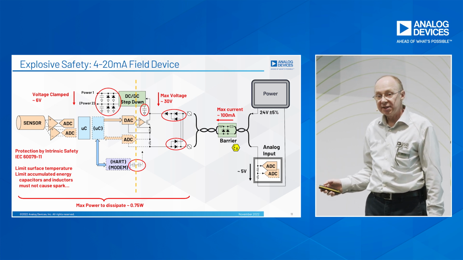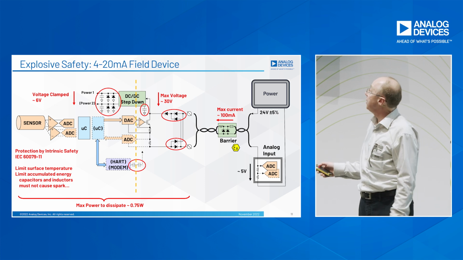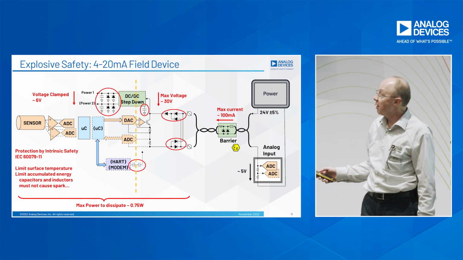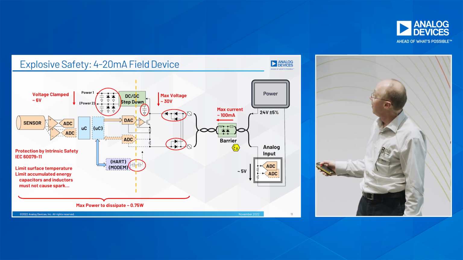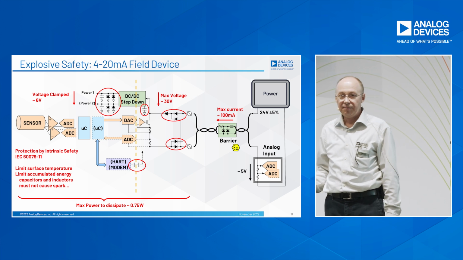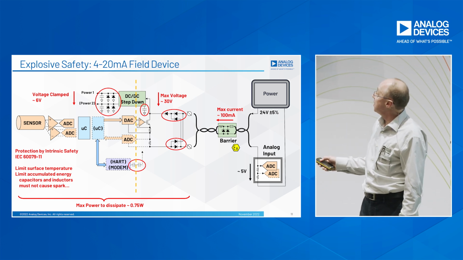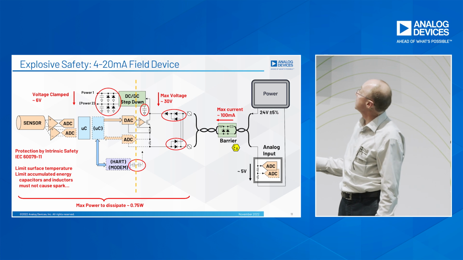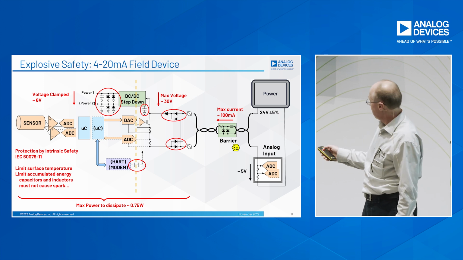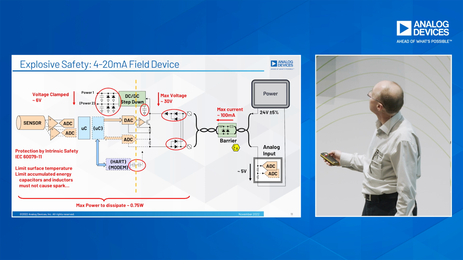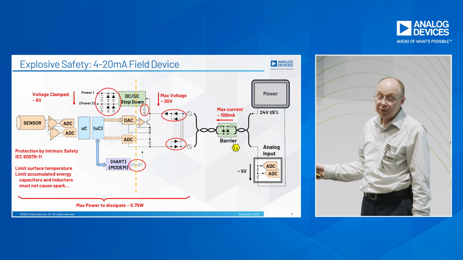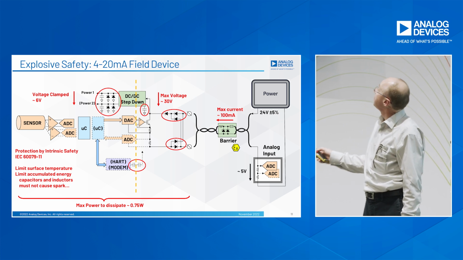Any component can fail, so if the component is critical for limiting the power that can be dissipated inside the instrument, or if the component is guaranteeing you don't have more than the expected voltage on a capacitor, all these things have to be either very simple components, or they have to be doubled. So there is clamping, and there are well-known techniques in the industry.